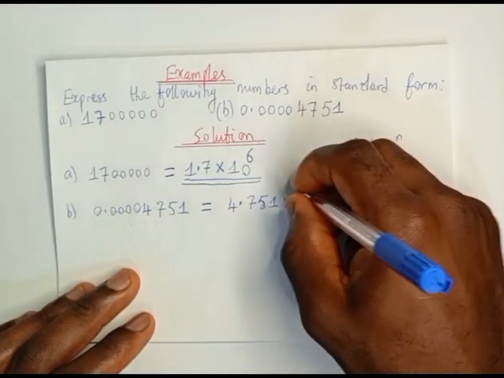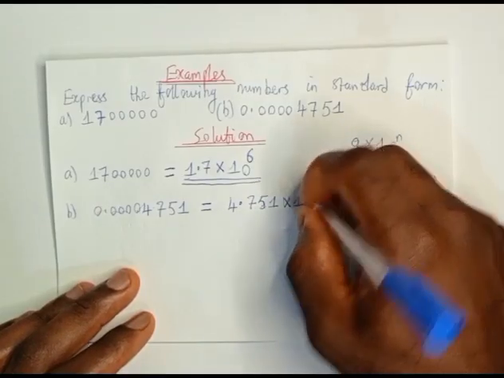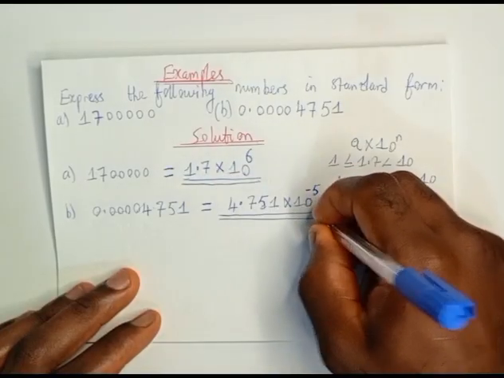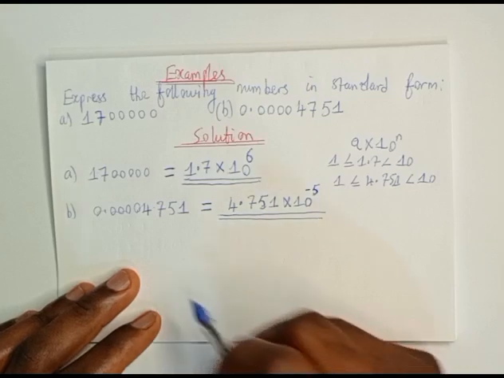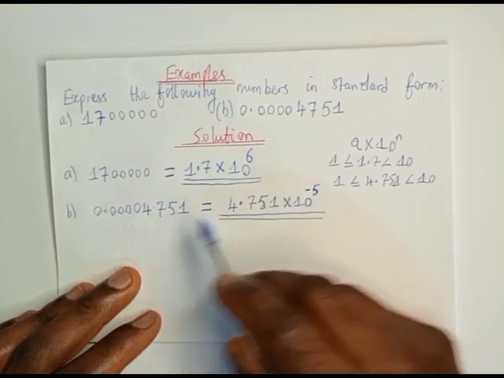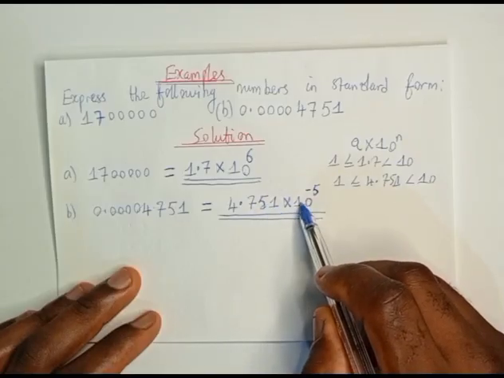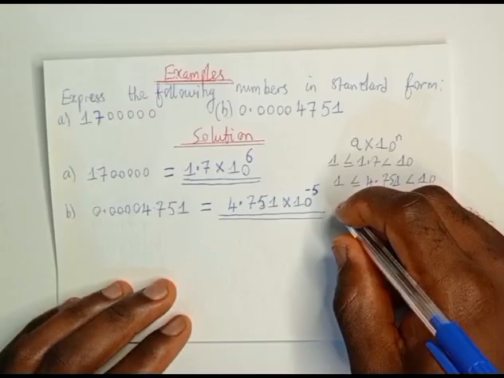It simply means the power will be negative. Remember, counting to the left gives a negative power. Counting to the right gives a positive power. Therefore, the number 0.00004751 in standard form is 4.751 times 10 to the power negative 5. You must take note of this.